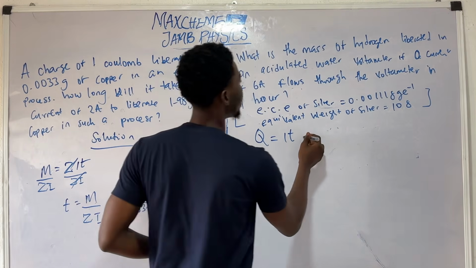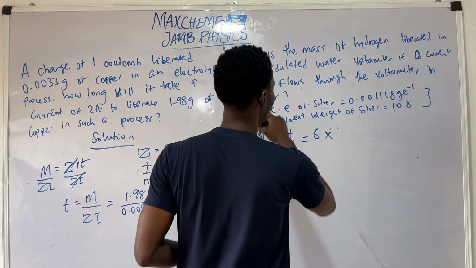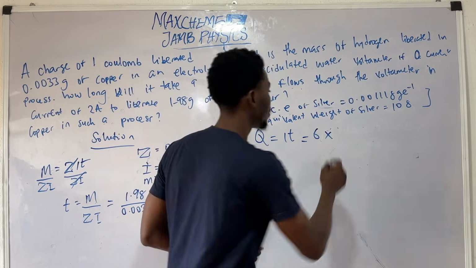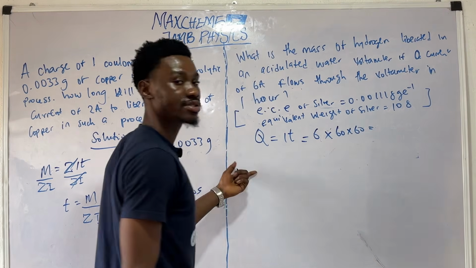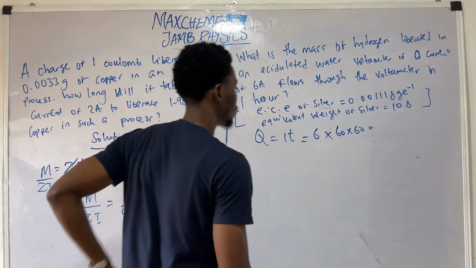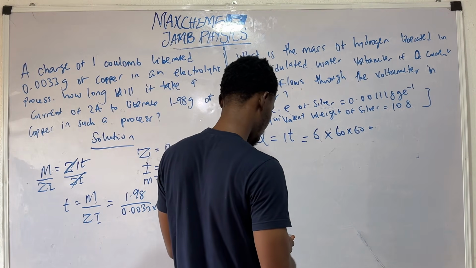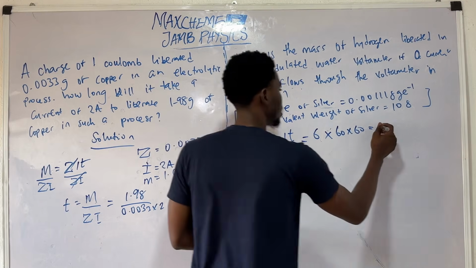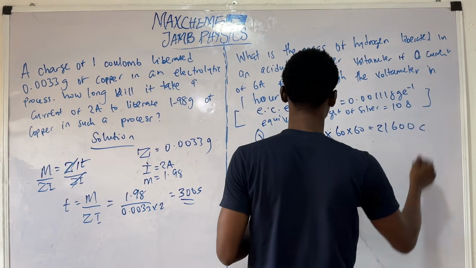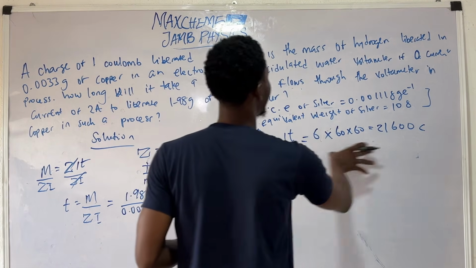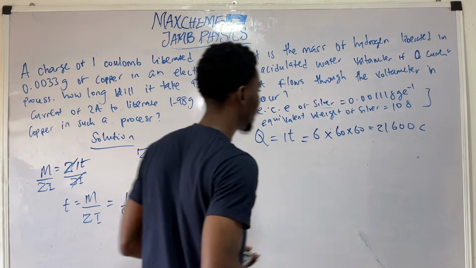So the current is 6 amperes multiplied by 1 hour. Converting 1 hour to seconds is 60 times 60. Punching that into my calculator, 6 times 60 times 60 gives me 21600 coulombs. So this is the quantity of charge flowing through the hydrogen and also the silver electrolytes.